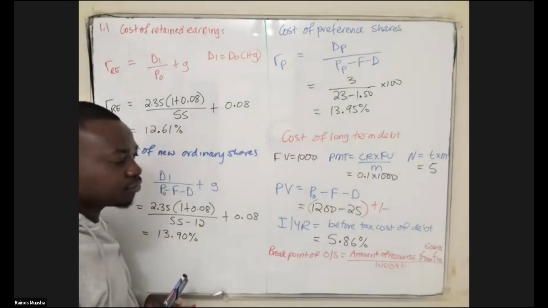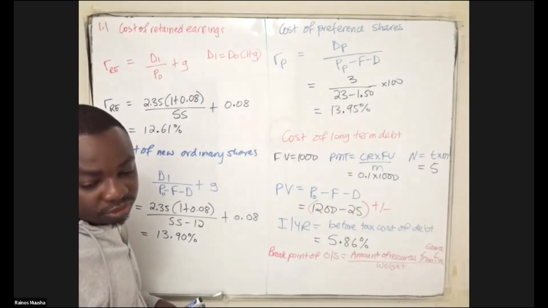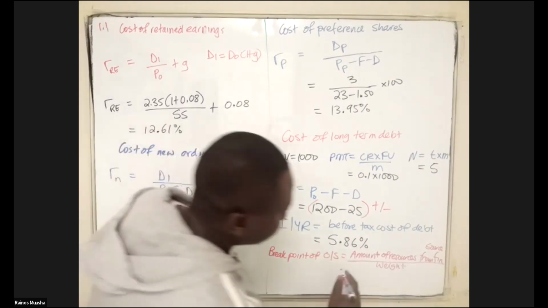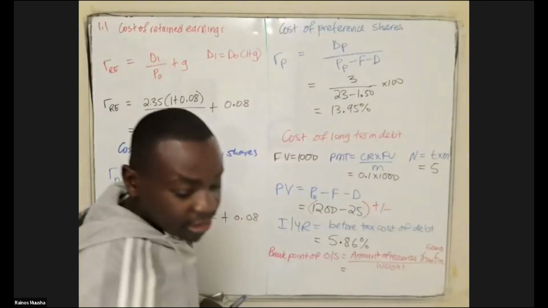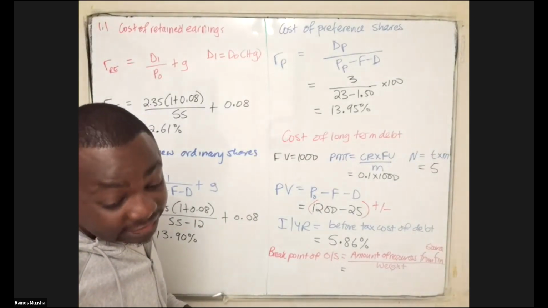So the amount of resources from the financial source will be the amount that we currently have available from retained earnings.